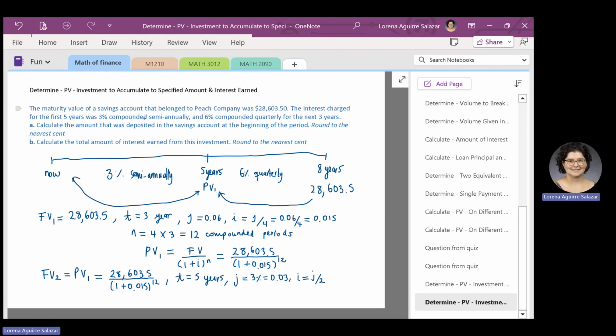So 0.03 divided by 2 is 0.015 again. The number of compounding periods during the first 5-year term is 2 times 5, so we get 10 compounding periods.